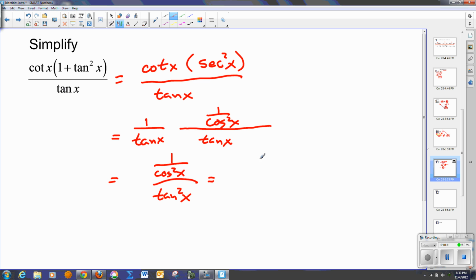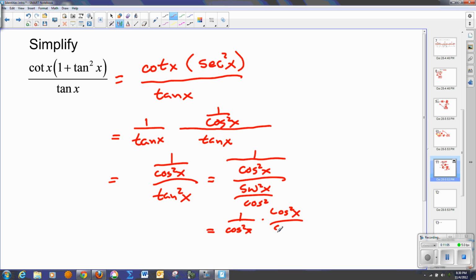But let's take a look. I know a tangent squared has a cosine in it somewhere, because tangent squared is the same as sine squared over the cosine squared. Now, if I change this complex fraction into a multiplication of the reciprocal, I have 1 over cosine squared multiplied by cosine squared over sine squared.